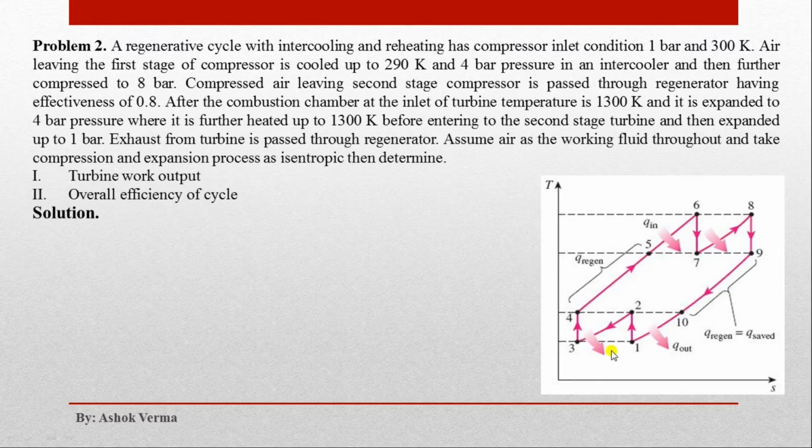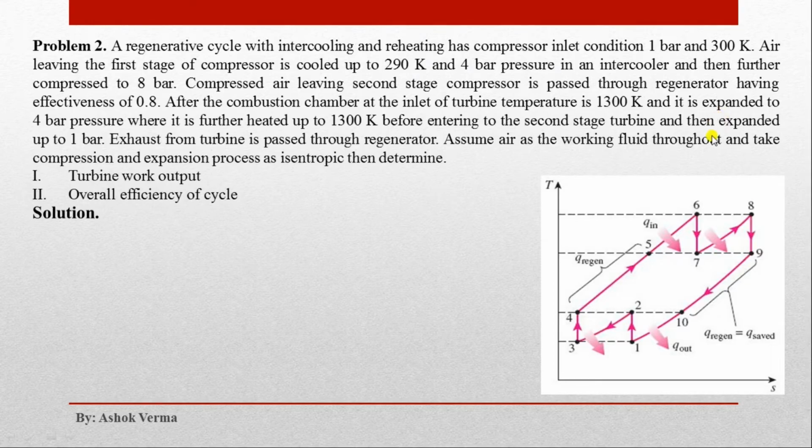So here the compression and expansion is an isentropic process. Compression is multi-staging, that is in 2 stages, and expansion also is multi-stage, that is expansion in 2 stages, and you are also using the regenerator, and here the effectiveness of the regenerator is given.